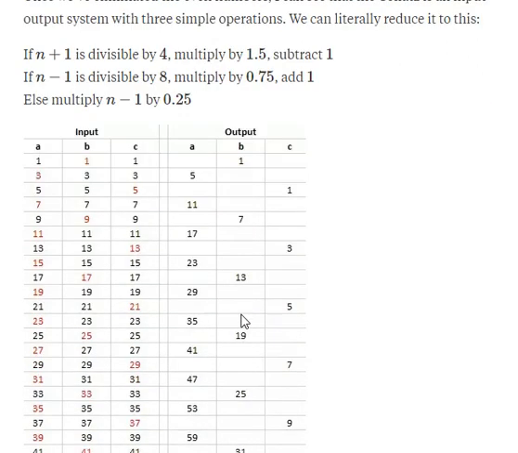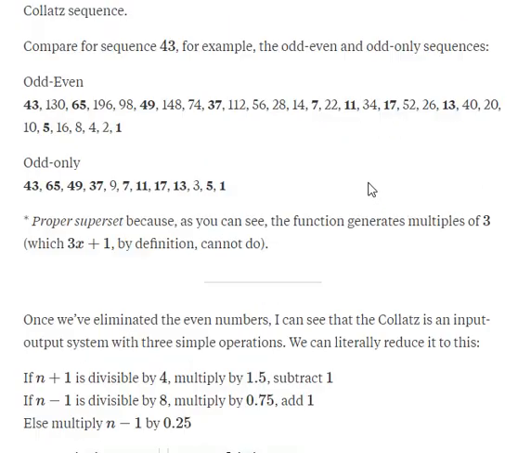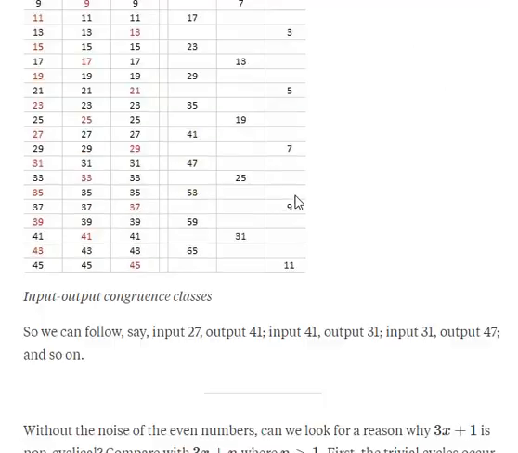Now, the consequence of this is an input-output table. The inputs A, B, and C correspond with the three operations I've just described, and the outputs from each one correspond with the odd numbers in a Collatz sequence. So, for example, if we look at 43, the output is 65.